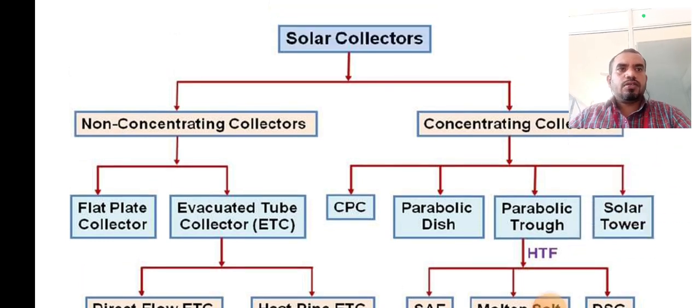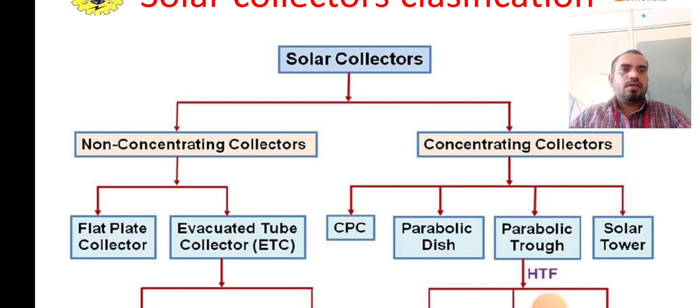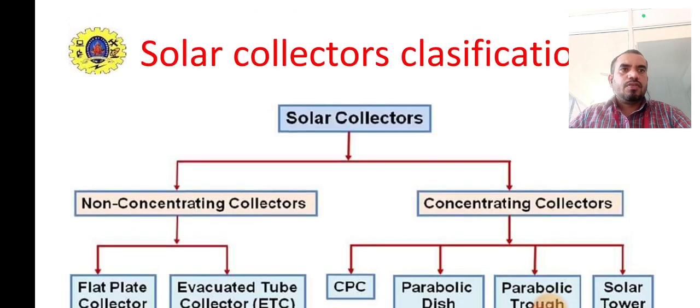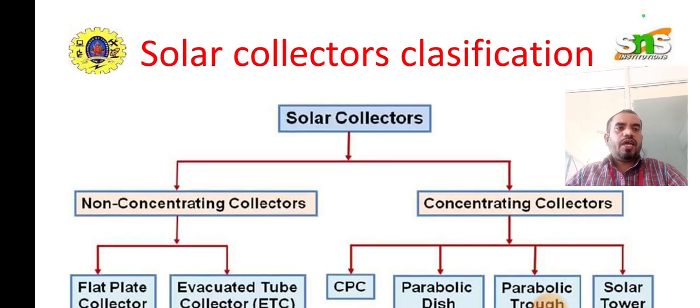Then, concentrating collectors are a type of collector which will track the sun from one horizon to another. That means the overall movement of the sun is tracked by the collector, so it will absorb more radiation compared to the non-concentrating collectors.